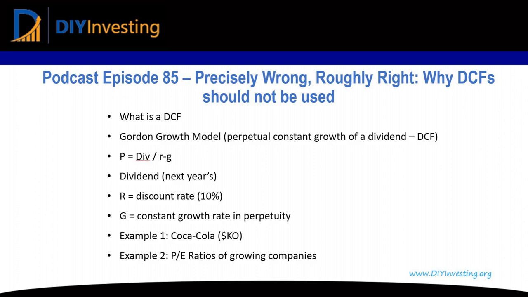So now we have a range. We set a low-end estimate for what we think Coca-Cola is going to grow and a high-end estimate. And that range would say that Coca-Cola's stock price is worth somewhere between $23.42 per share and $32.80 per share. That range of $23 to $32 is quite large.